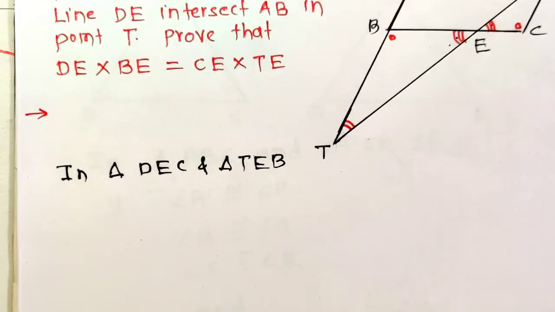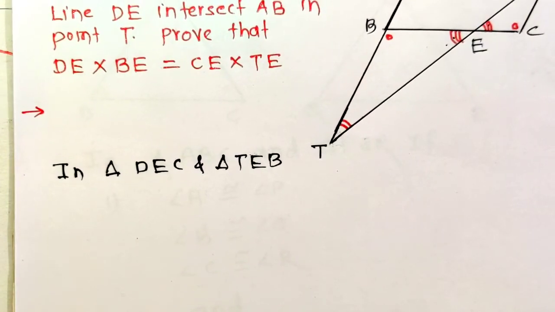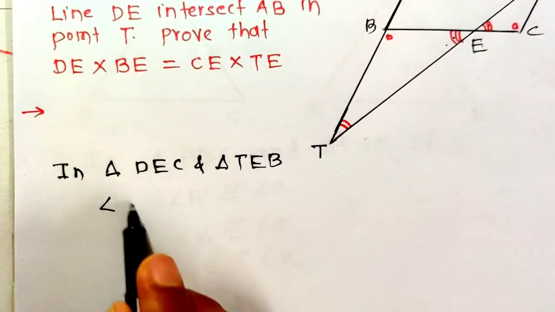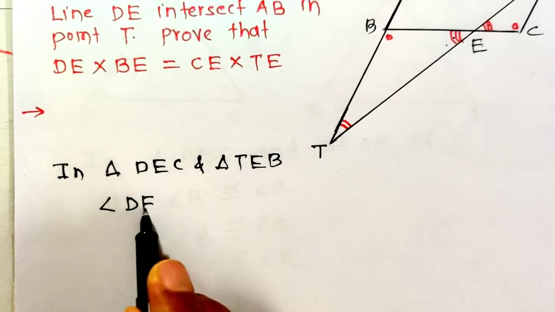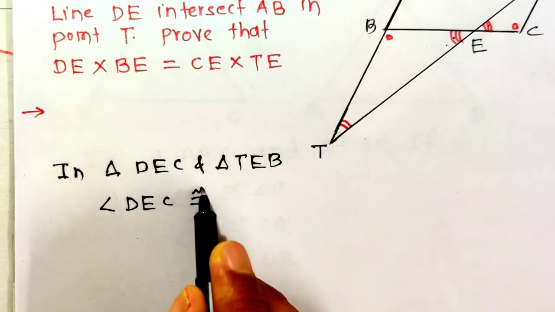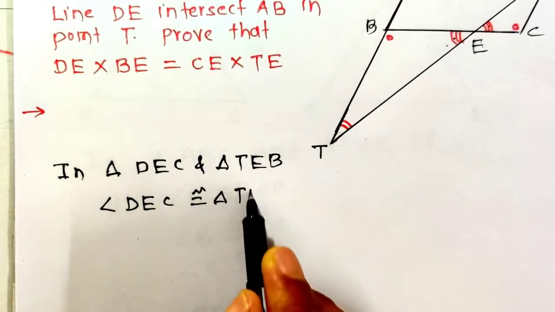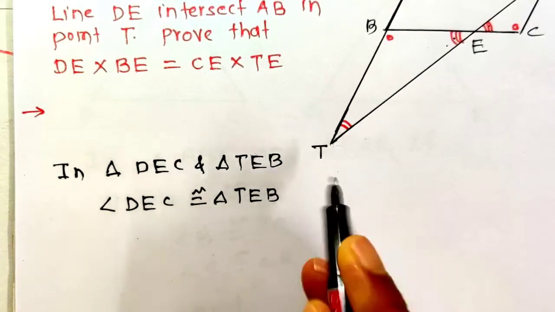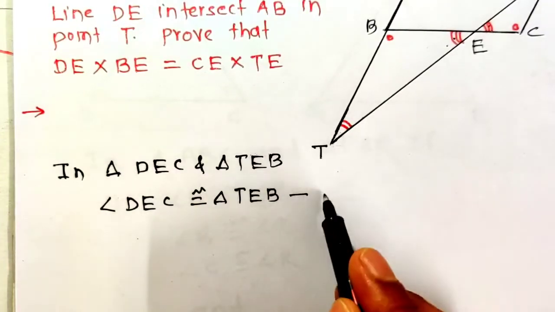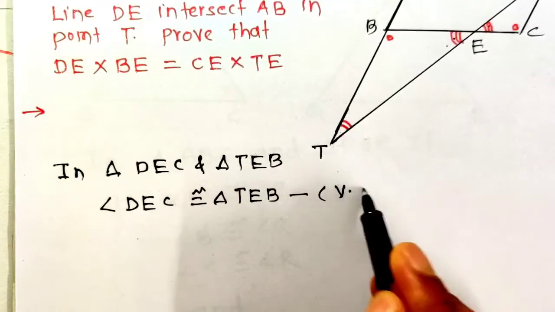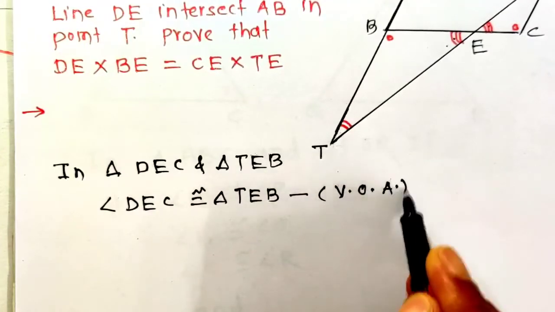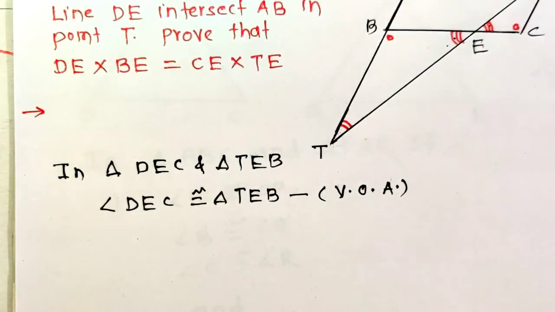So that is the first pair of angles which is congruent. Angle DEC is congruent to angle TEB, our reason is vertically opposite angles.